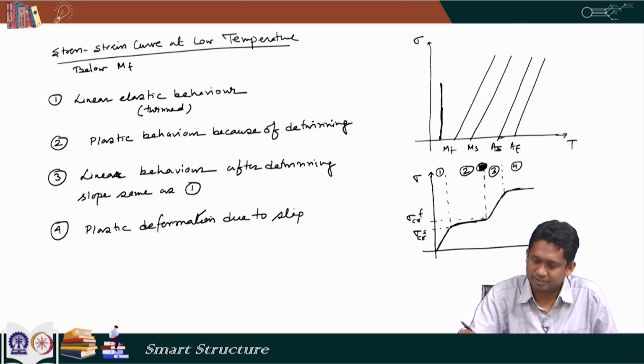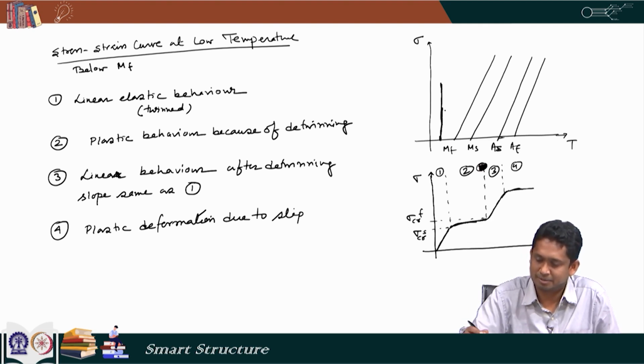Again, we started from here, the material was initially linearly elastic, which is this. Then after some time the material reaches sigma CRS, and till sigma CRF the detwinning takes place and within this the slope is very less.